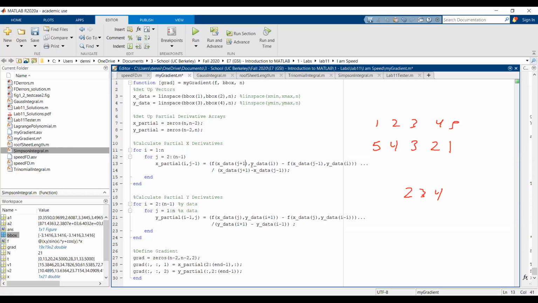So j plus 1, j minus 1. And y data is always going to stay the same because we're not taking partials with respect to x. So x data, j plus 1, x data, j minus 1. Another fix I'm going to do is make this a little bit easier to look at. Let's do it up here, actually.